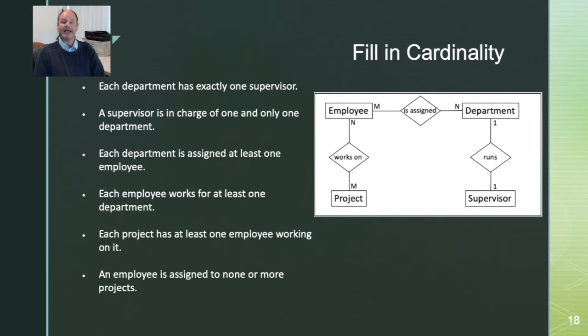Each project has at least one employee working on it. An employee is assigned to none or more projects. As you can see, we're going to have a problem, as there are two many-to-many relationships we're going to have to resolve in a short while.